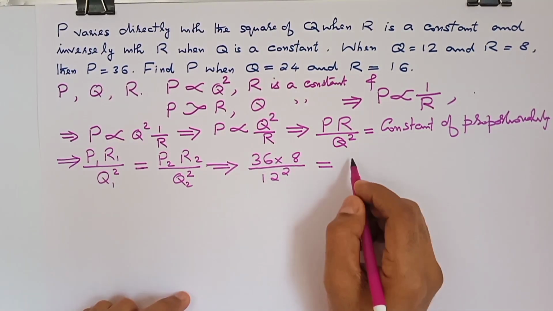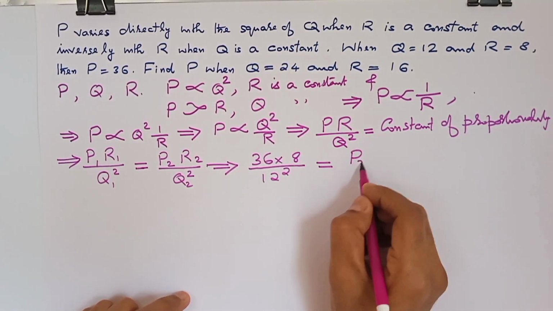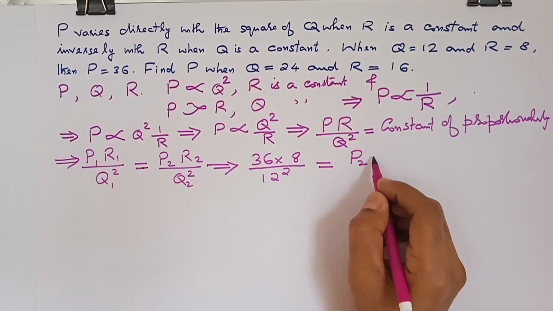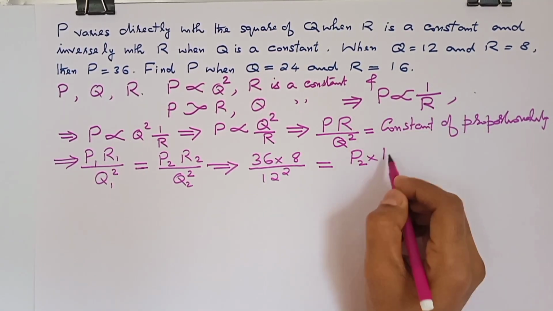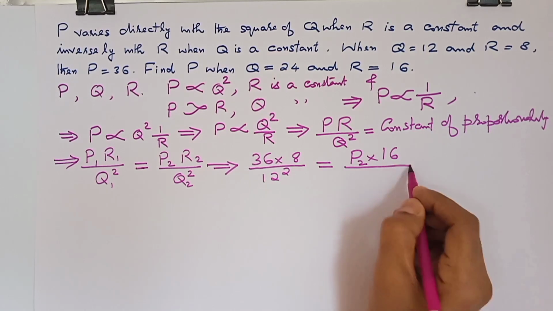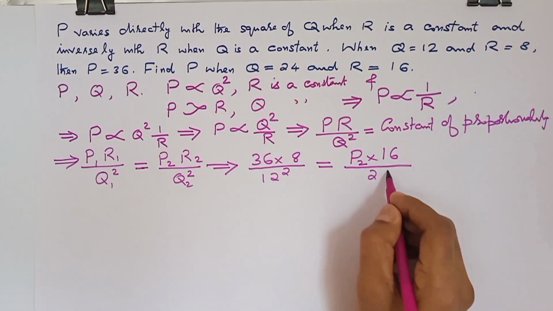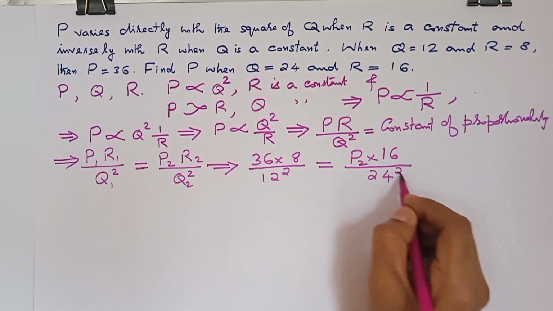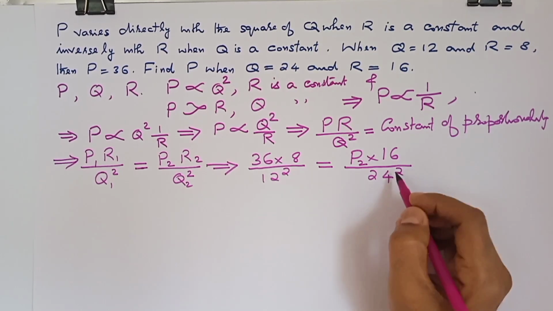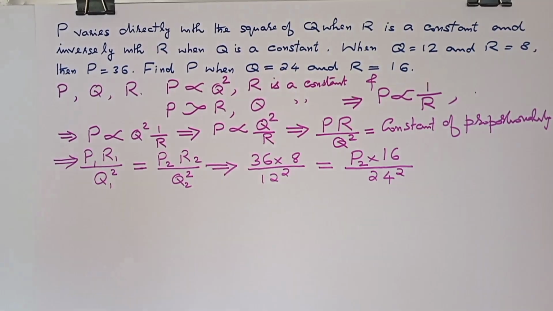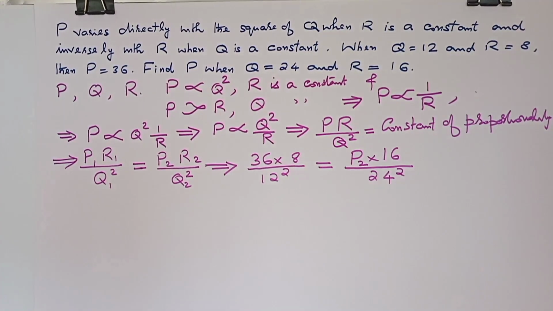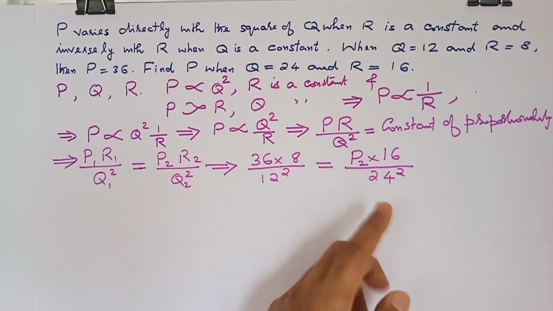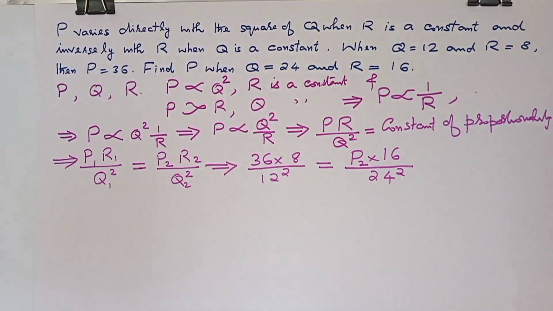Then find P. We will write it as P2. R is 16. Q is 24. 24 square. Now, in this equation, there is only P2, which is to be determined, which you can easily find out by cross multiplying this equation.